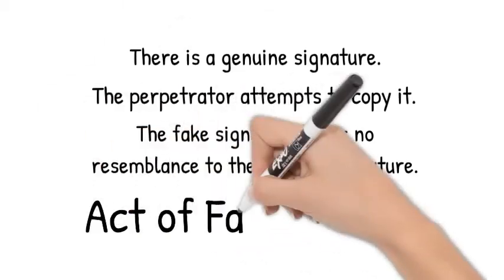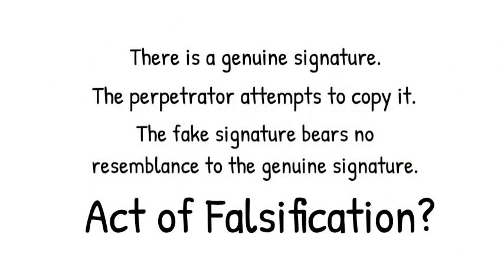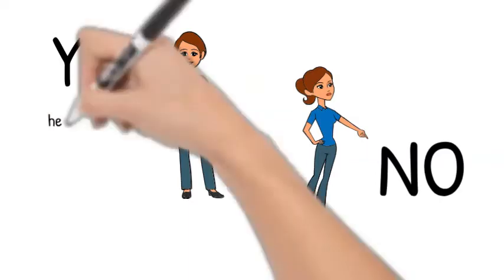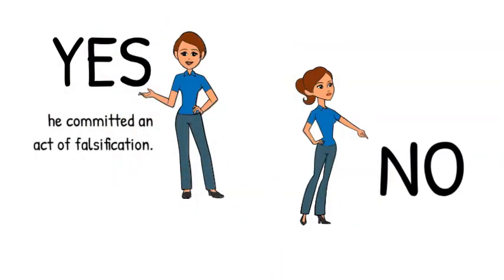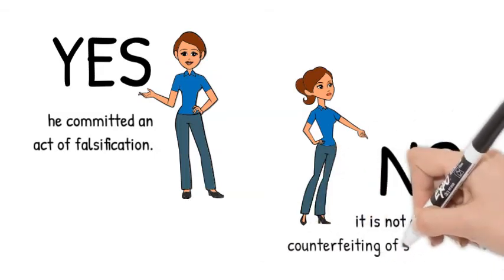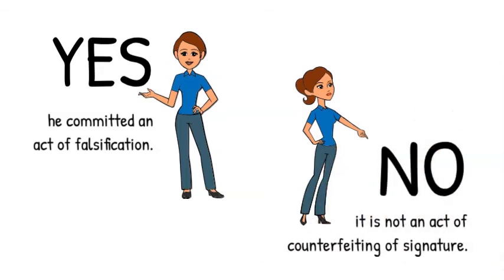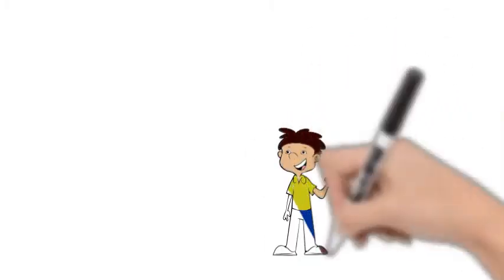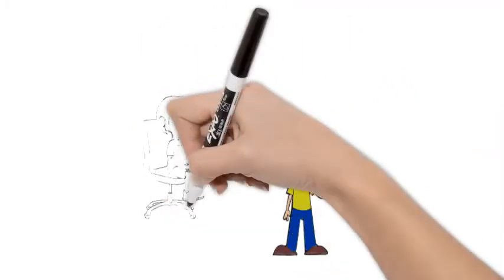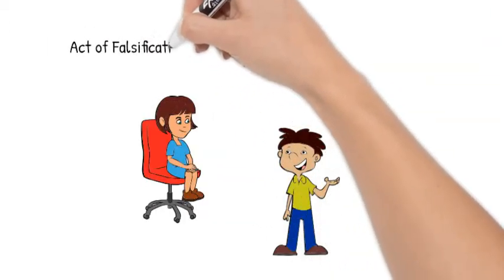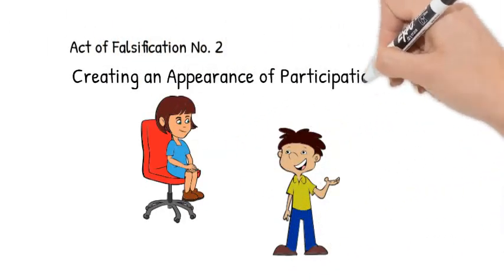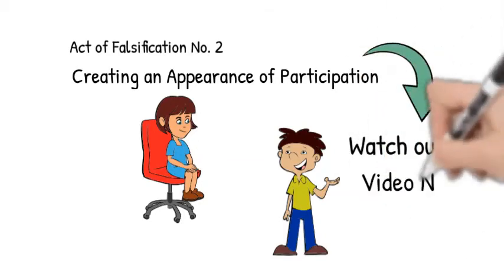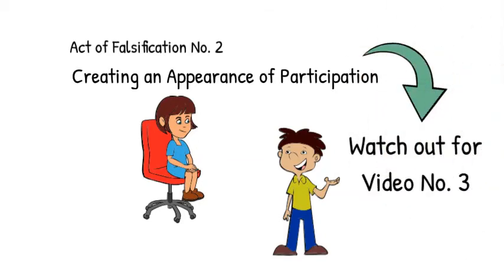Did he commit an act of falsification? The answer is yes and no. Yes, he committed an act of falsification, but no, he did not commit an act of counterfeiting of signature. The falsification he committed in this case comes from committing another act of falsification, particularly the act of creating an appearance of participation. That will be the subject of my next video.